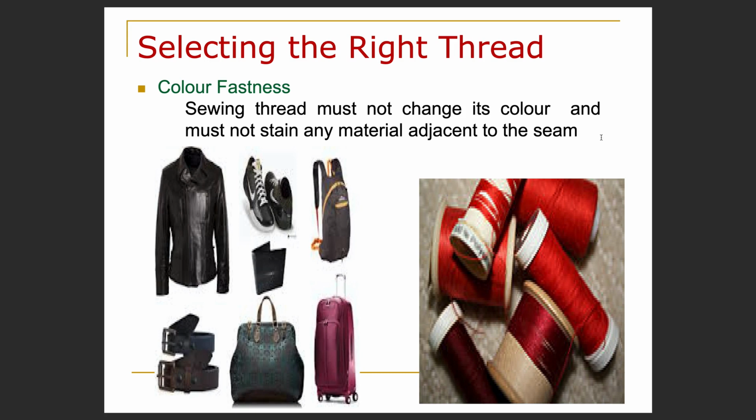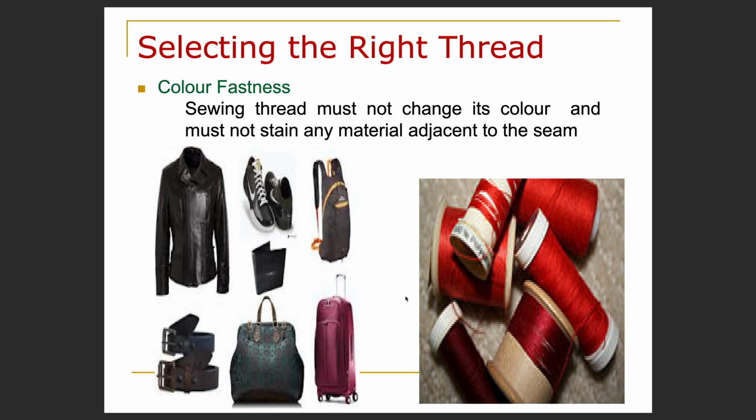If during washing the color bleeds out from the sewing thread, it can cause stains on the fabric adjacent to the portion where sewing thread is used. So that is not desirable. So we need to take care what kind of sewing thread is being used, what properties it possesses. It should have good color fastness.